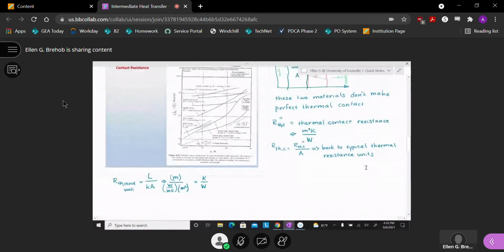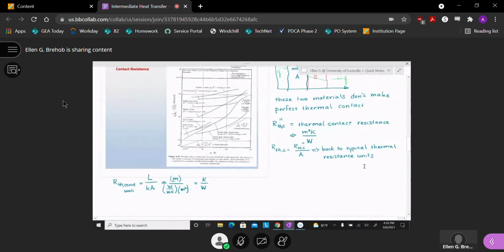Tables 3.1 and 3.2 give some thermal contact resistances for some materials. And I'm going to tell you, it's almost always metals, and there's a reason that's what it is.